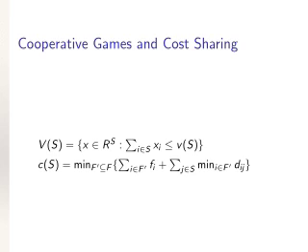Example 15.2. Figure 15.1 shows an instance of the facility location game with three agents, the set A, B, C, and two facilities 1, 2.